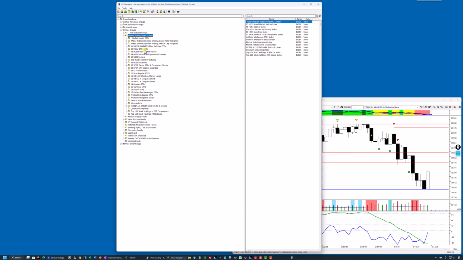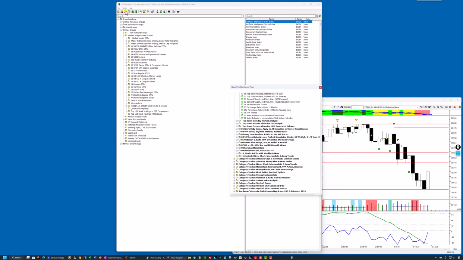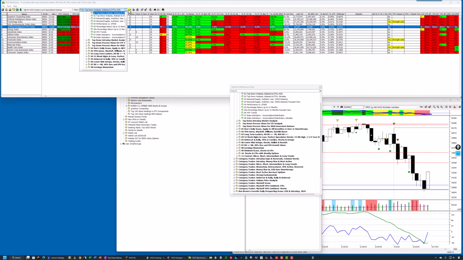While I'm in the designer, I want to point out that in my market analysis user groups, if you go down here to number 4, I renamed this. It was a little bit confusing. It's HDSI sectors and specialized indexes. And I'm going to go into the warehouse view.